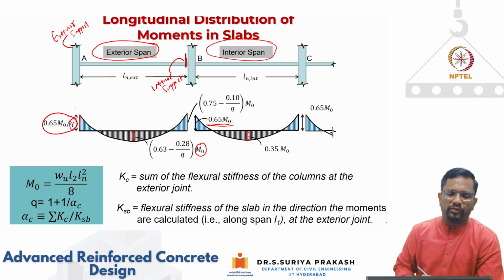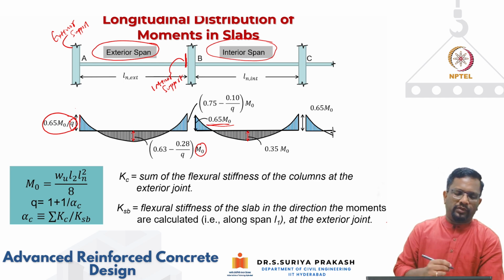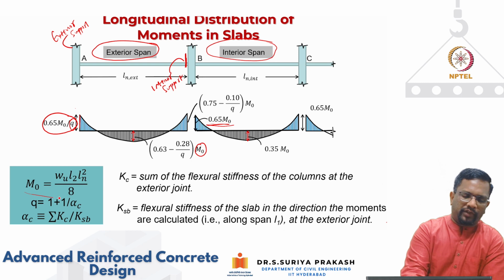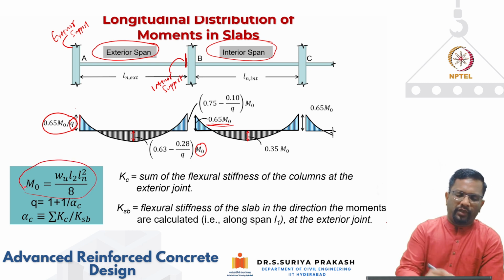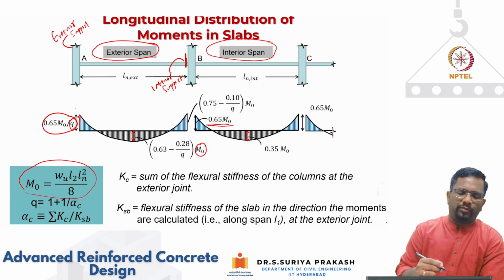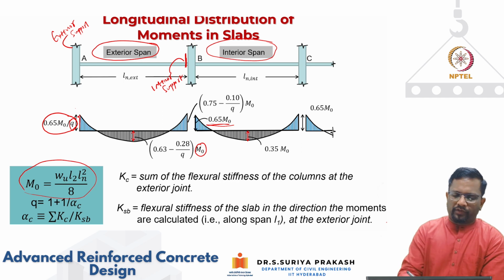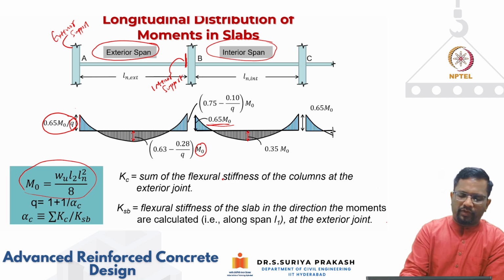Now what is this Q? Q is the relative stiffness parameter. M naught, as we have already seen, is W times L2 times Ln square by 8. To find out how much moment I need to design for this exterior support, I need to find Q, the relative stiffness parameter. Q is defined as 1 plus 1 by alpha C, where alpha C is the ratio of the summation of the flexural stiffnesses of columns at the exterior joint to the slab stiffness.